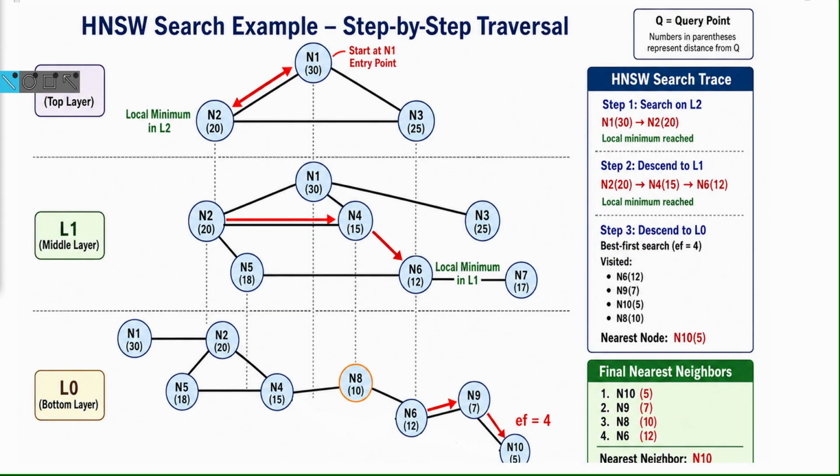Let me explain it. Let's say the query point is q, and from this query point we need to find the minimum element in this graph.